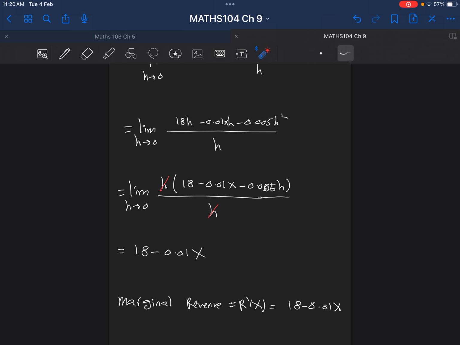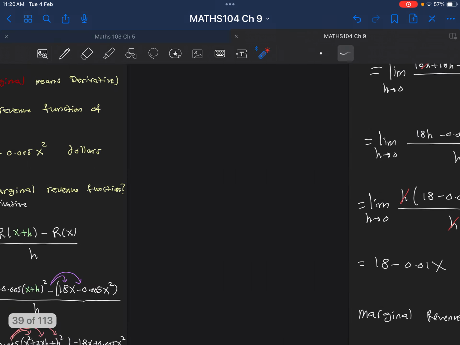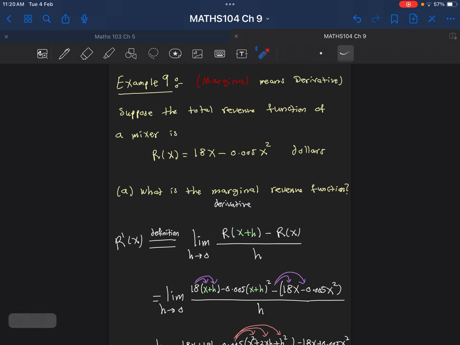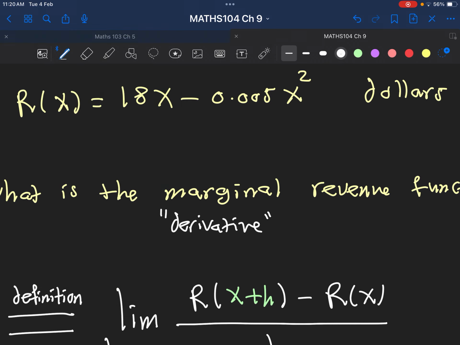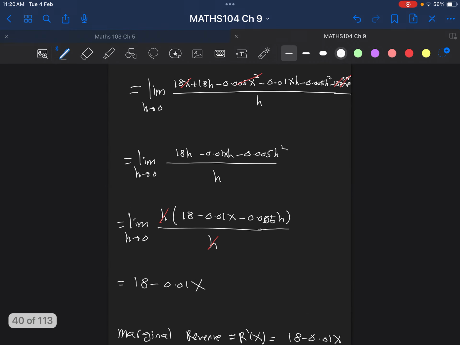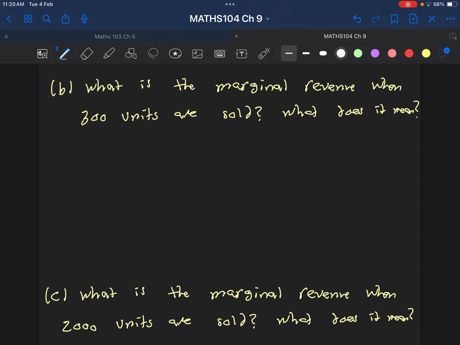And that's how we find the marginal revenue. We almost solved a similar question in the previous part when we had the x squared. So here, marginal revenue, remember, is only finding the derivative.